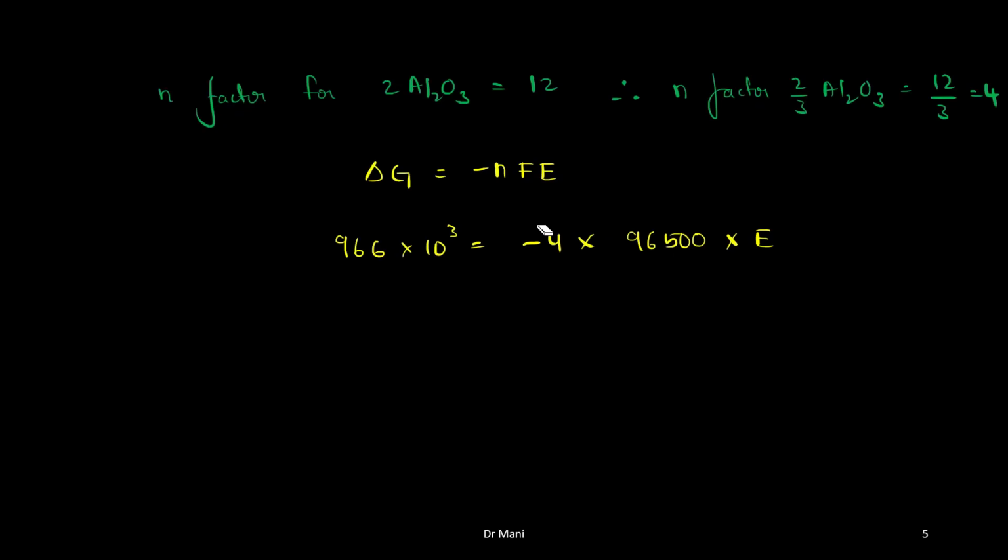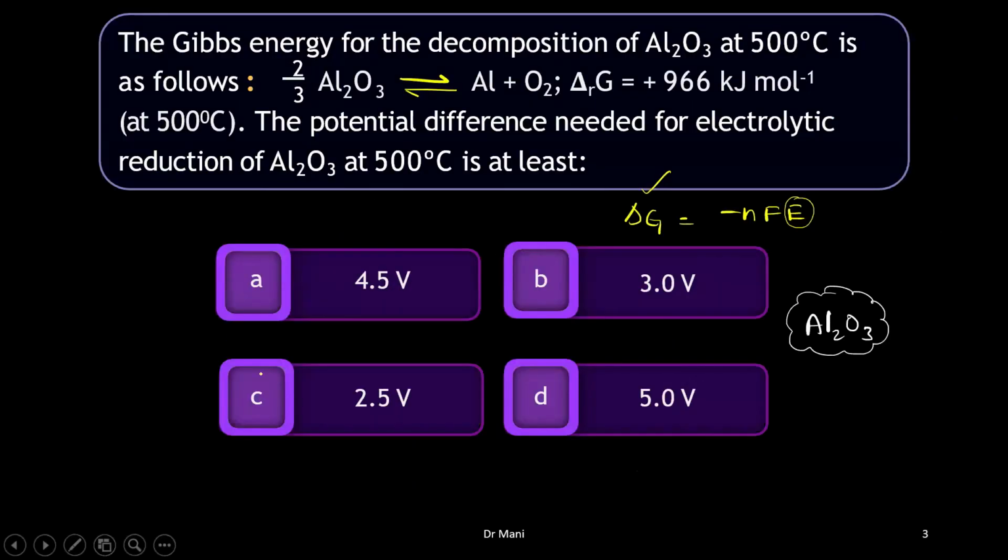If I do that, the final value will be 966 into 10 power 3 by 4 into 96500. If you do the total calculation, the value comes out to be 2.5 V. So what's the answer? Option C. Is this clear?